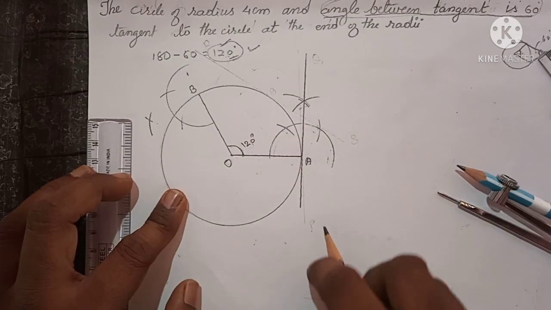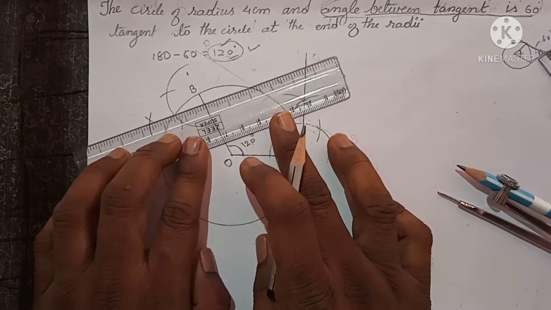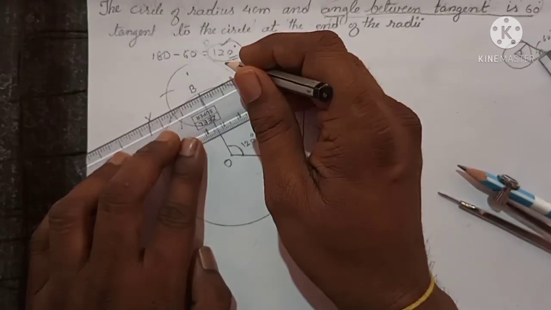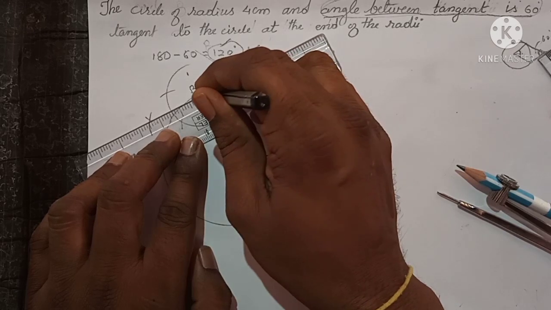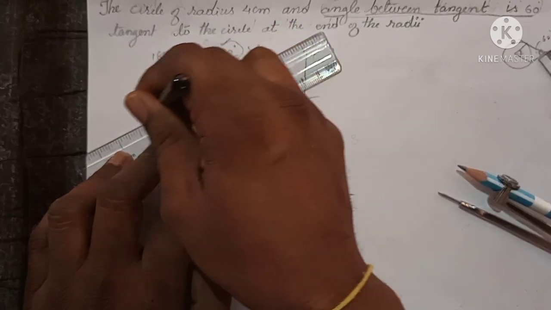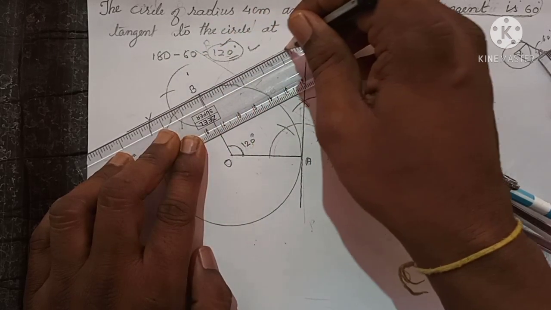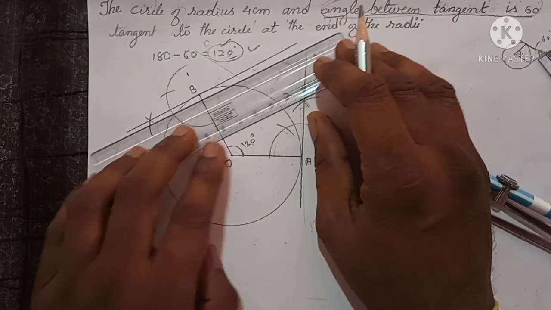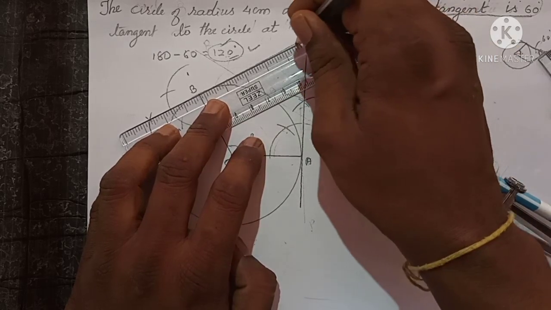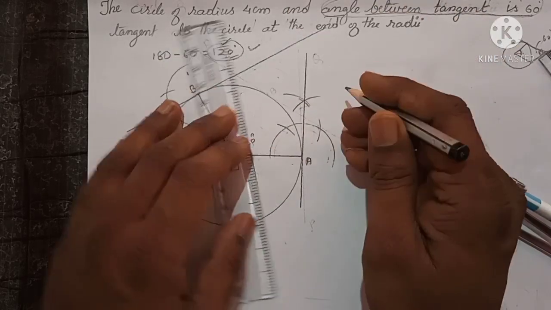The point where these two arcs intersect is obtained, and joining that point to the end of the radius with a line, you obtain the second tangent. So you can produce these two tangents.